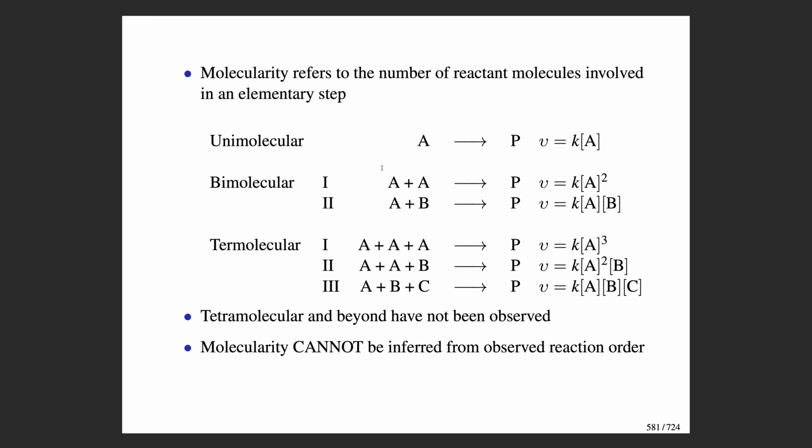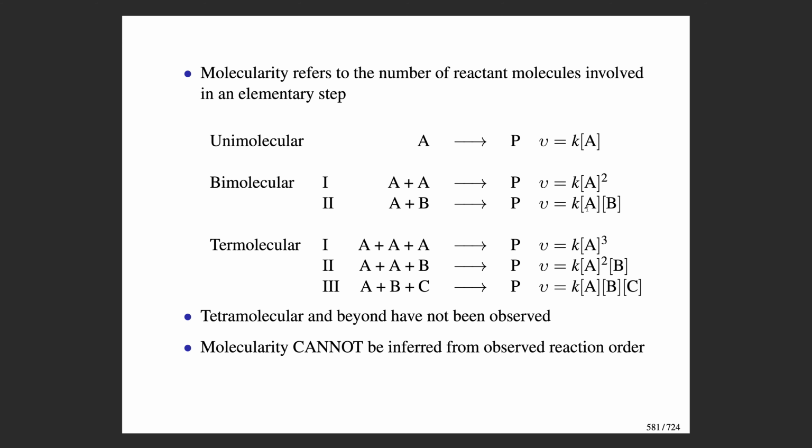For a bimolecular reaction, there's two types. In type 1, the two reactants involved are of the same species. And so that is going to give you second order kinetics of this form, compared to type 2, where the two reactants are different species.